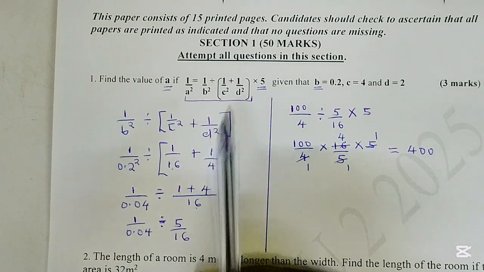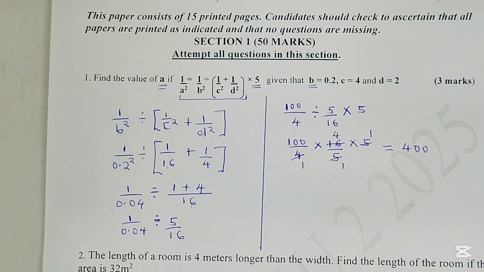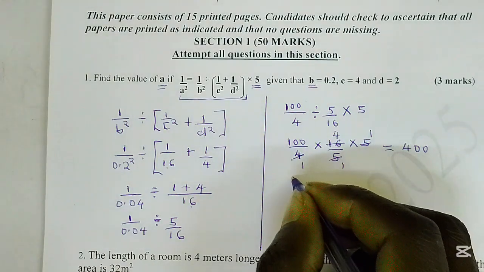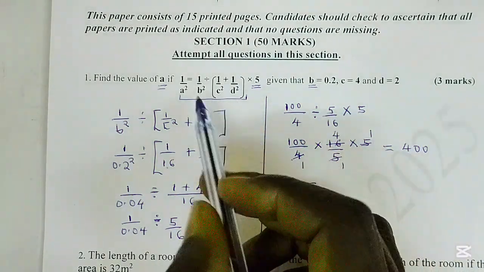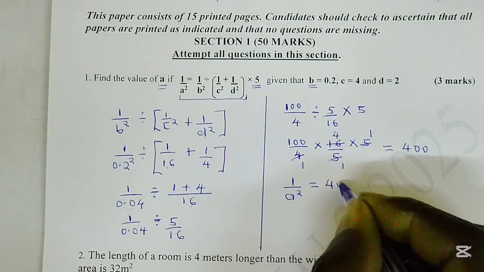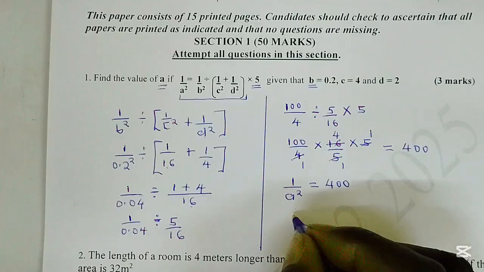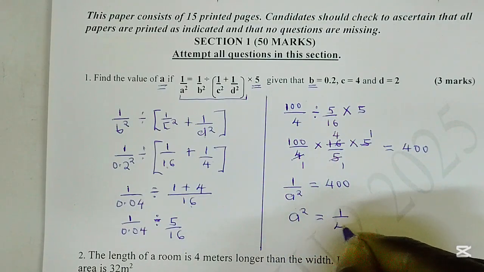Now, the question wants us to find the value of A. So if we have to find the value of A, it means that 1 over A squared is equal to what you've done on the right hand side, which gives us 400. So it means that A squared is equal to 1 over 400.